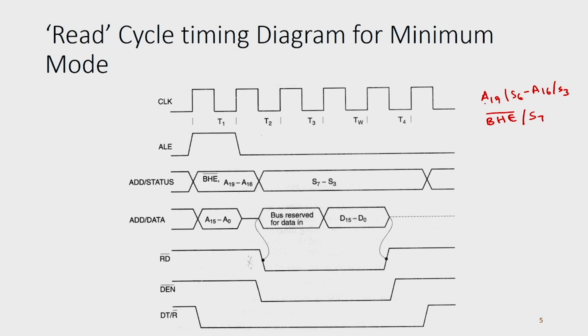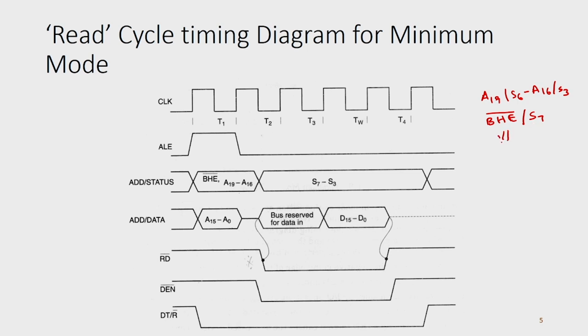So, this multiplexed bus carries the address during the first clock cycle. You see here, in the first clock cycle, A19 to A16. Similarly, BHE bar by S7 is also a multiplexed signal.